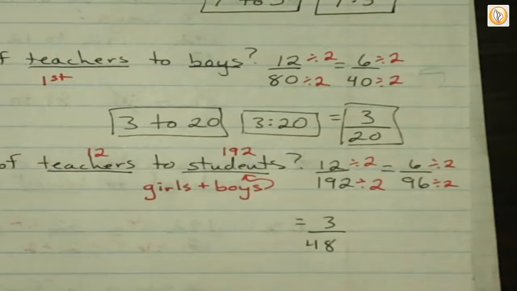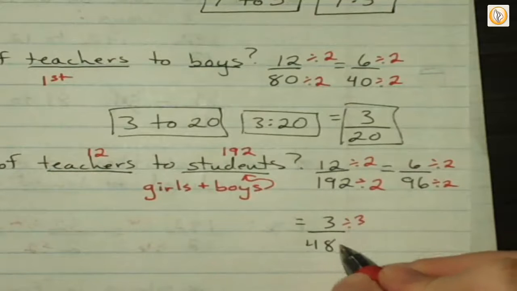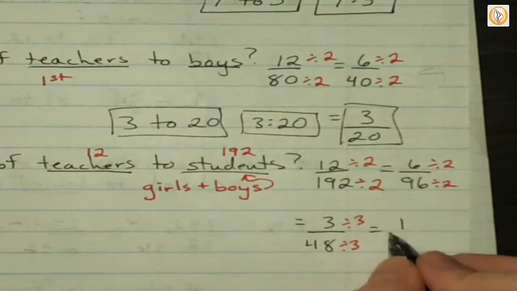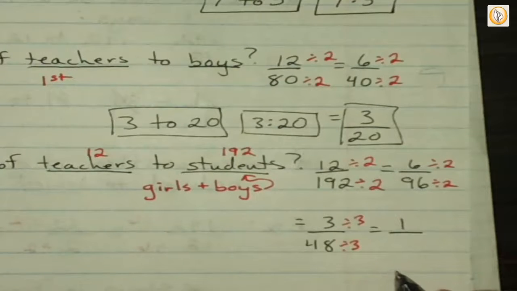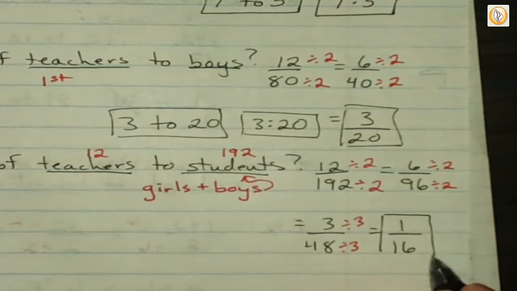Can that be reduced further? No. You sure? Try 3. So 1 over 16. And there's your answer.